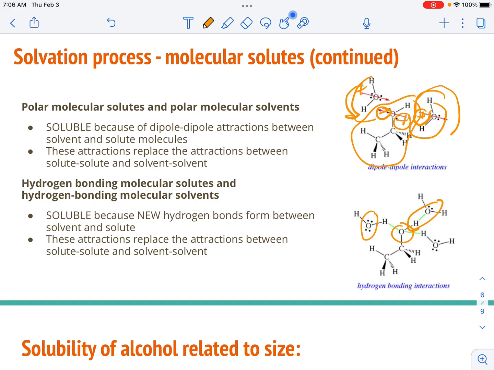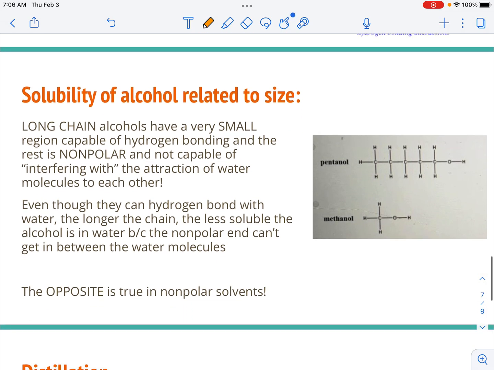And so again, the more like you are, the more those attractions are likely to form, okay, based on energy differences more than anything else, potential energy differences. So just kind of remember that as you're going through here.